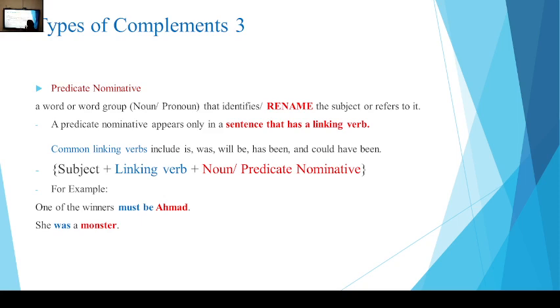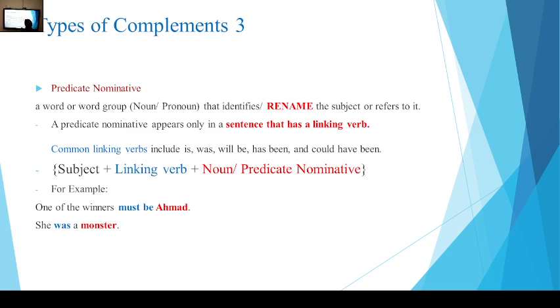And this noun, we call it a predicate nominative. So, for example, when you say, one of the winners must be Ahmed. The linking verb here is must be. One is the subject. Ahmed identifies or renames the subject. It gives it an identity. One is Ahmed. So Ahmed here is a predicate nominative.